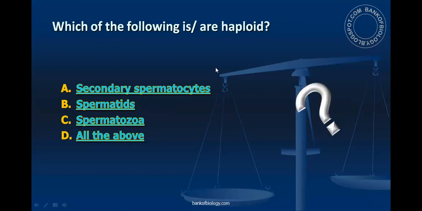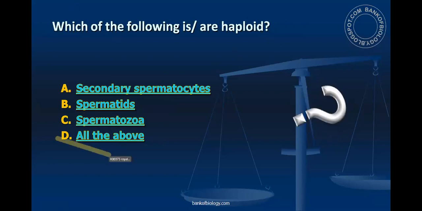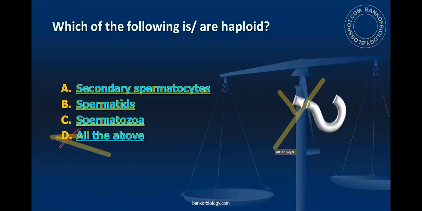Which of the following are haploid? Are you sure? Secondary spermatocytes, spermatids, spermatozoa. Very good.